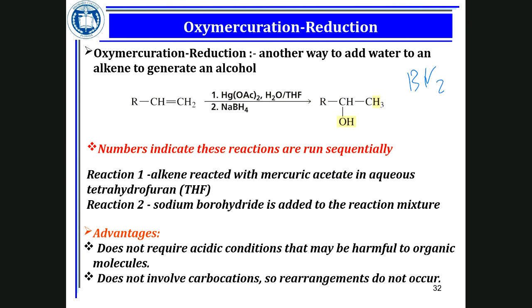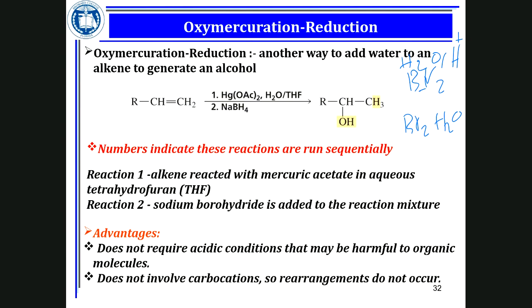We talked about H2O with H plus, which was hydration, then Br2, and then Br2 with H2O. So hydration, halogenation, and halohydration, which means halogenation plus hydration. For each one of them, you need to know if the product is Markovnikov, anti-Markovnikov, or not applicable. Like in this case, it's not applicable.